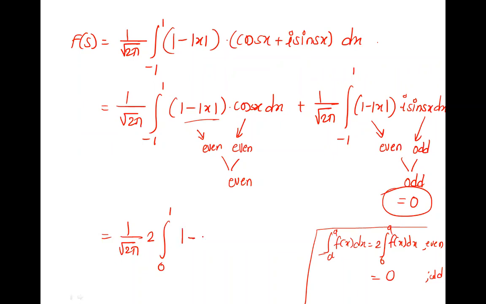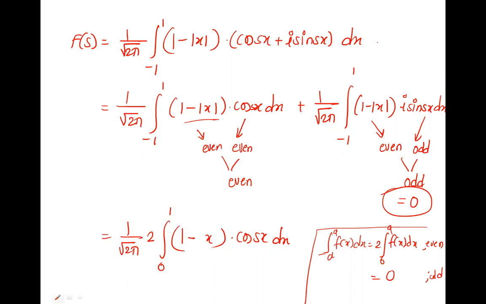1 minus mod x into cos sx dx. But now x is defined in 0 to 1, which means the positive interval, so all the values are positive. So can I write mod x as x now? Yes.